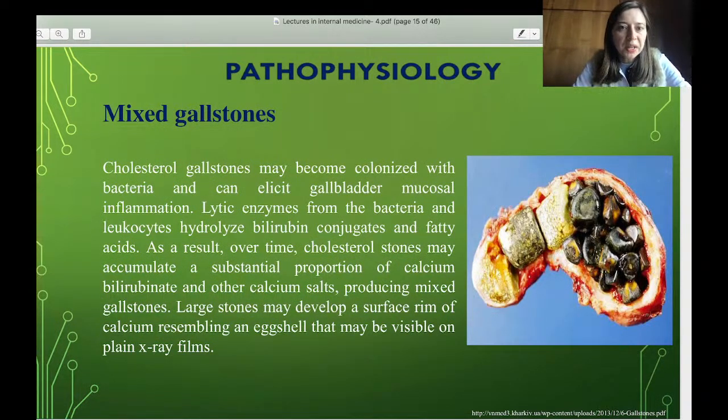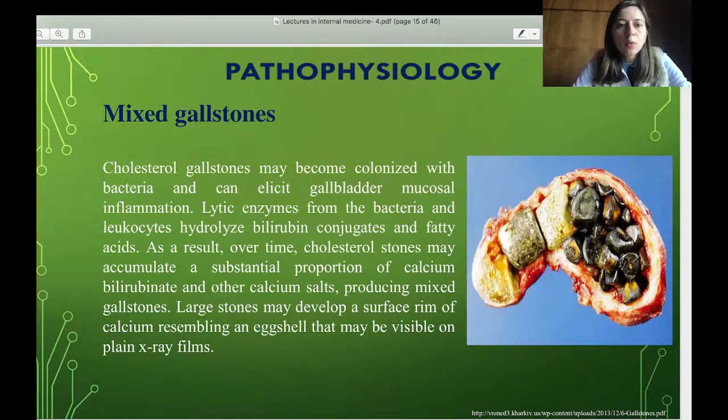And about mixed gallstones, cholesterol gallstones may become colonized with bacteria and can elicit gallbladder mucosal inflammation. Lytic enzymes from the bacteria and leukocytes hydrolyze bilirubin conjugates and fatty acids.